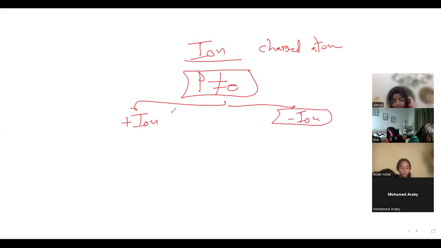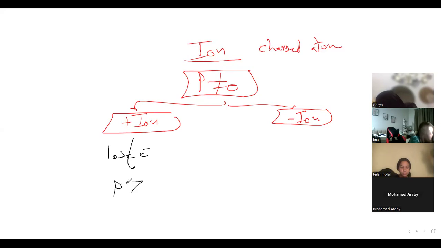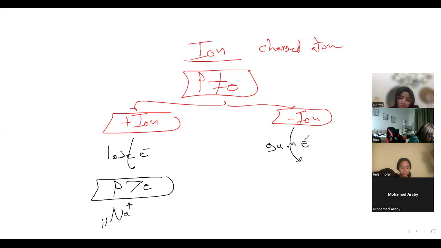Positive ion refers to losing electrons. So this means that proton will be greater than electron, like, for example, Na positive. A negative ion refers to gaining electrons.